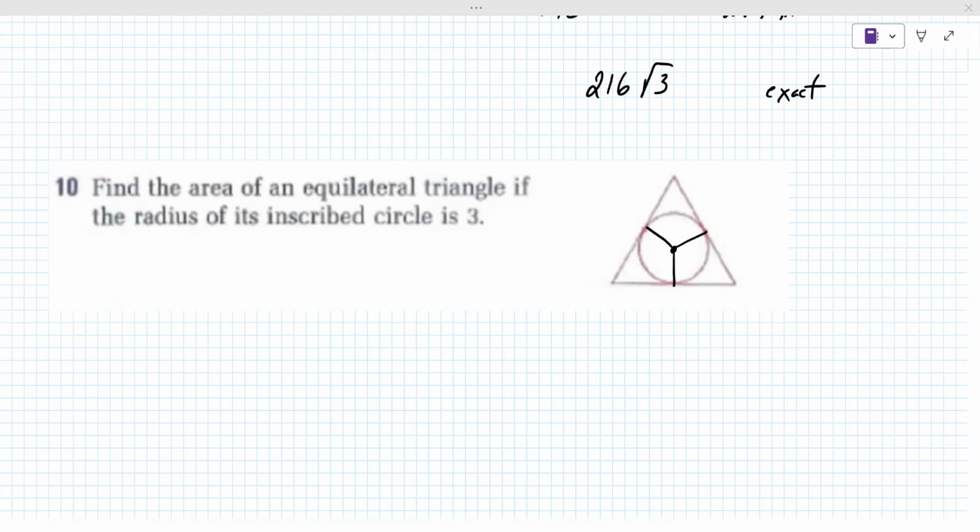I think if I look at my notes from today, it just says if it's inside, then the apothem of a regular polygon is the radius of a circle inscribed in the polygon. Yes.